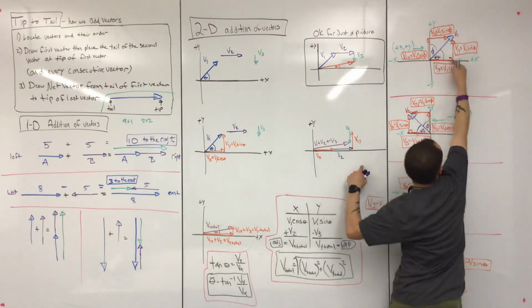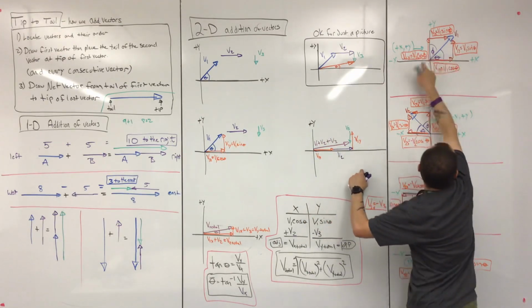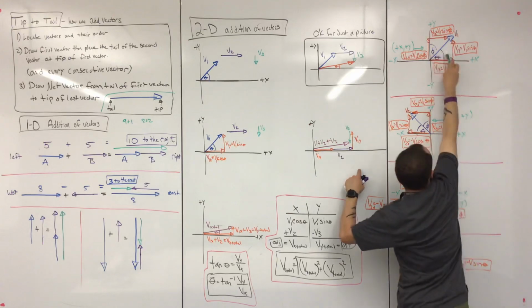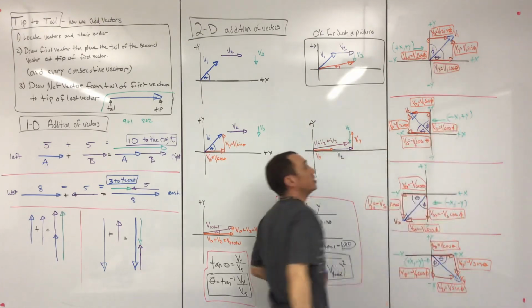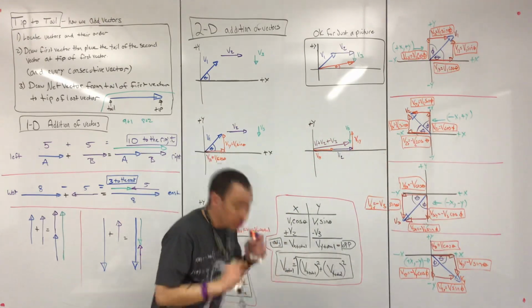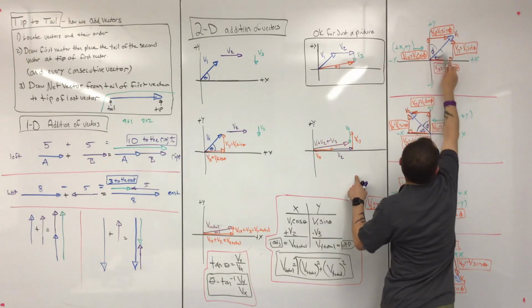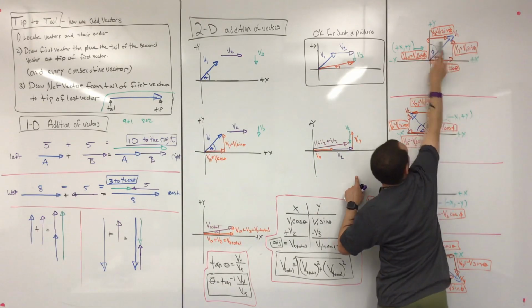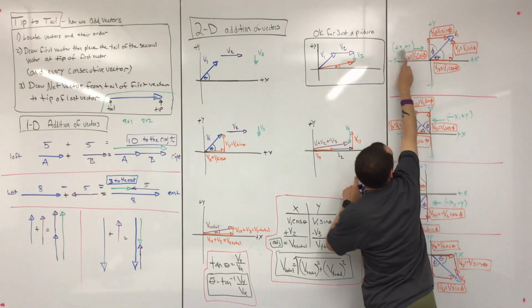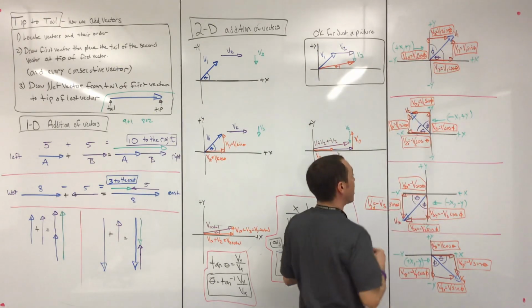And if you have the arrows drawn in some direction that isn't in the positive x or positive y for either angle, you're doing something wrong. If you're looking at an angle between positive x and positive y, their components better be positive x and positive y.